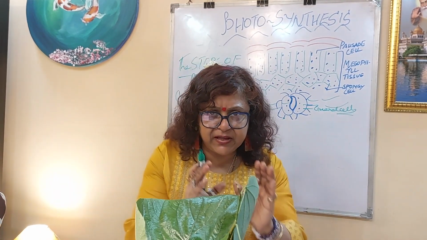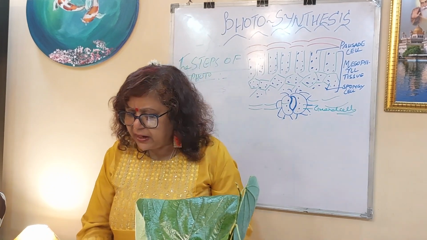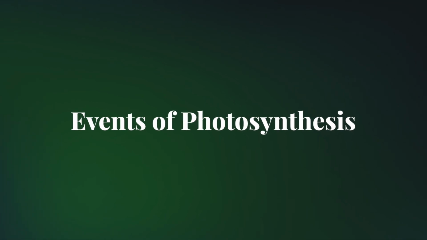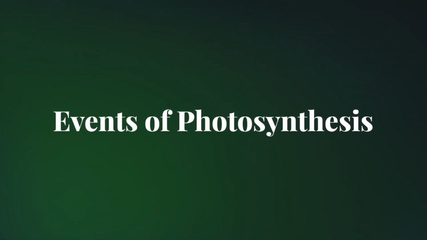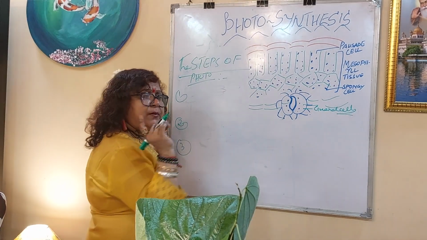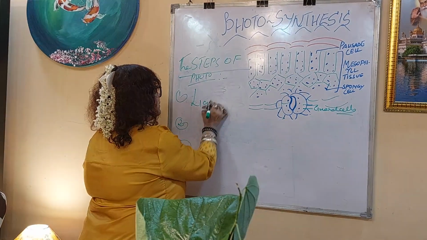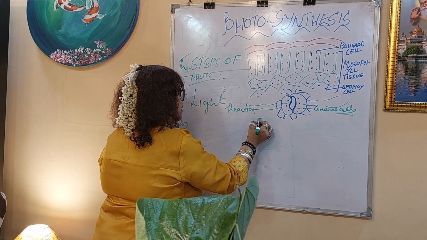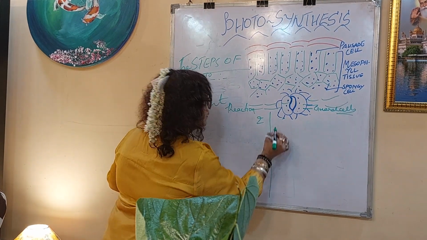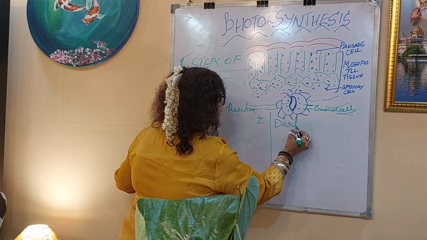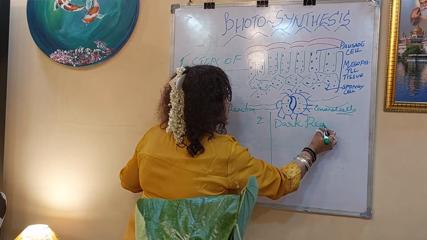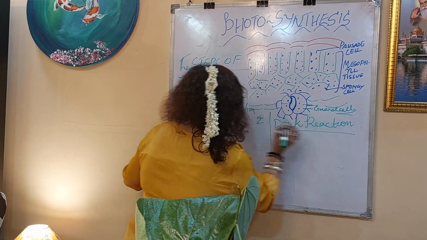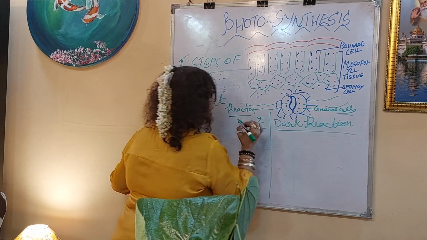So this was your previous knowledge, the background of this. Now we come to the events which take place in photosynthesis. I will tell you two important events here, as I told you: the light reaction and the dark reaction.